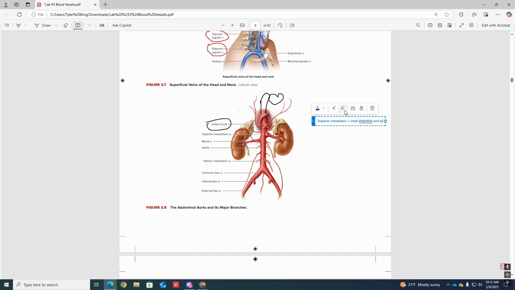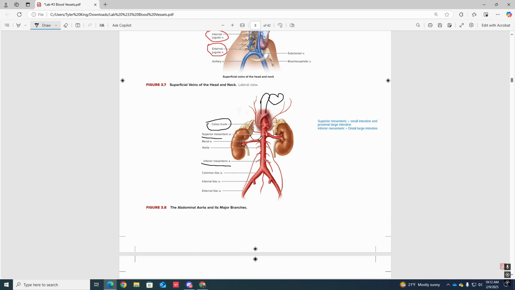And also the proximal large intestine, versus the inferior mesenteric, that is going to the distal large intestine. All right, let's get my spelling errors corrected. Those guys, superior, inferior.